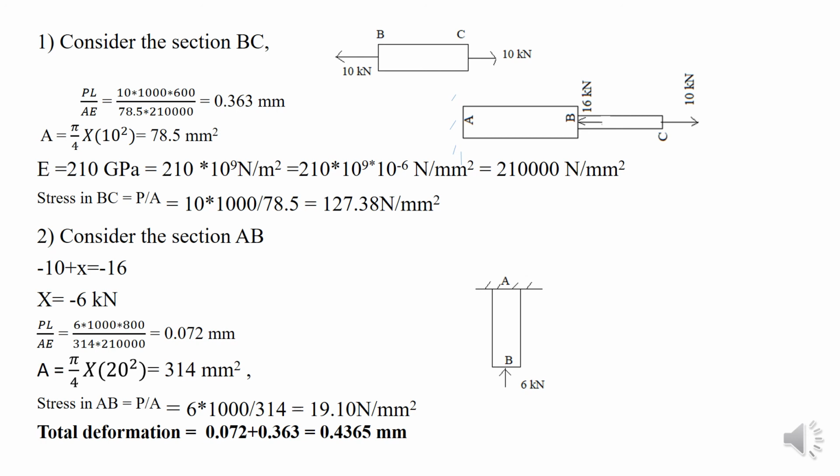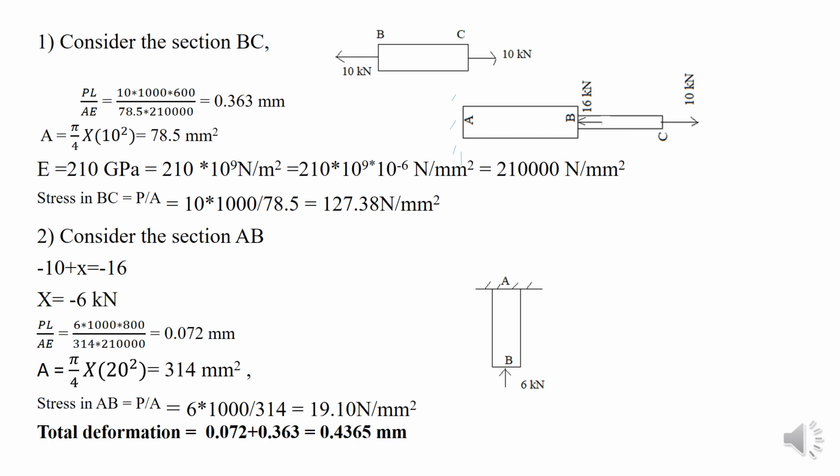By using that 6 kilonewton for calculating the deformation of that bar, PL by AE is equal to 6 into 1000 into 800 divided by A into E. So that's equal to 0.0072 mm, and you can also find the stress in bar AB by using load by area. That is 6 into 1000 divided by 314, which is equal to 19.10 Newton per mm square.